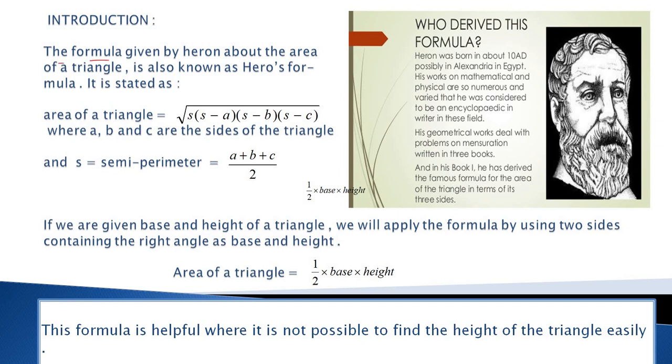The formula given by Heron about the area of a triangle is known as Heron's formula.